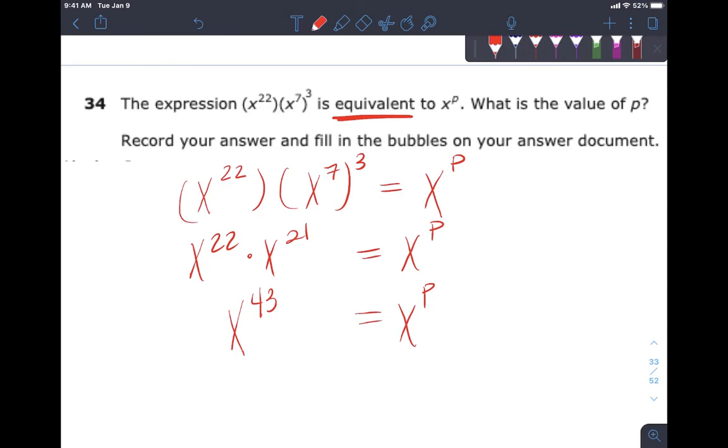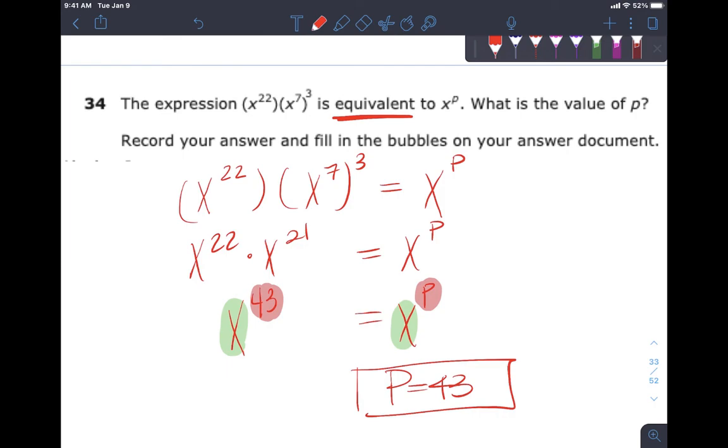So if the base is exactly the same, we have no other choice but for the exponents to be exactly the same. So that means p has got to be equal to 43. It is absolutely 100% correct that p is equal to 43.